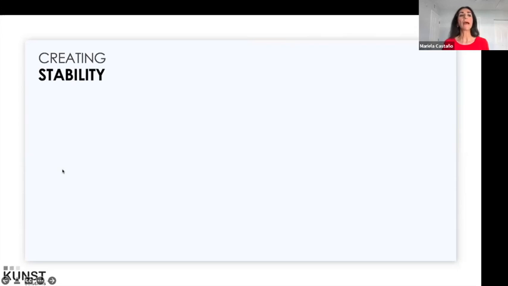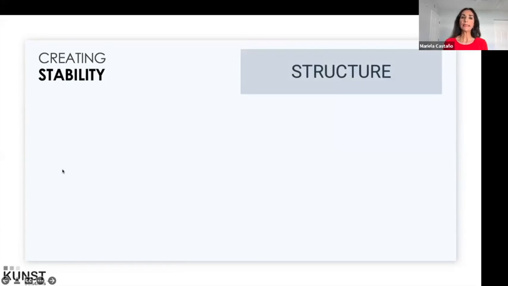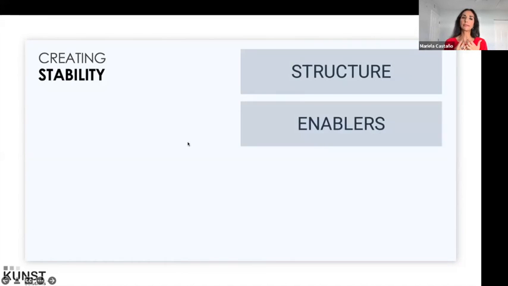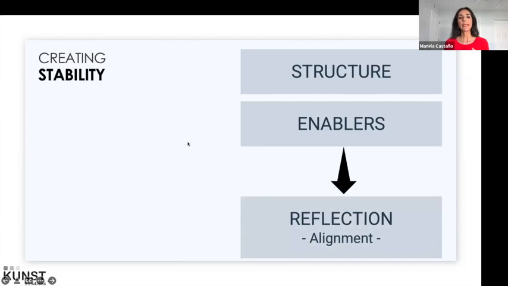So that shows that. Now, on the next slide, I want to share with you that creating stability requires three key elements: structure, enablers, and reflection on the alignment between the activities that we are doing to optimize our uptime and the business objectives. At the end of the day, the objective is to deliver cash.